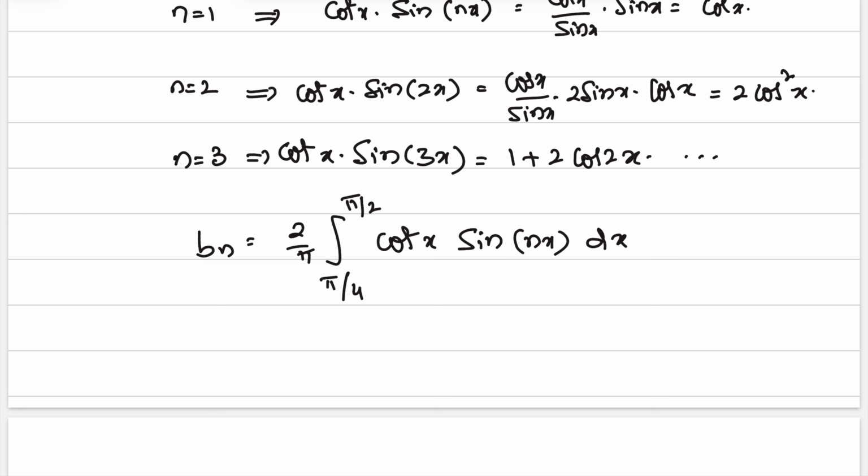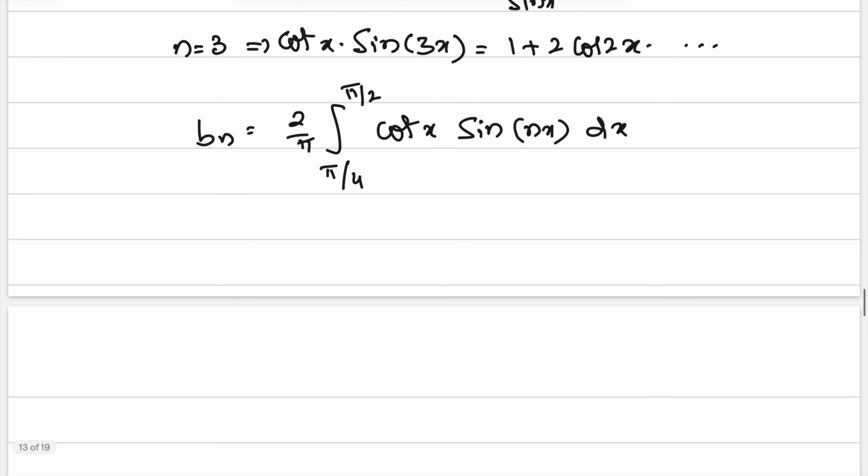But for different values of n, the value of cot x into sin nx is changing, and we have to find out the different values of Bn. It is a lengthy process, but it is better if you go on finding the B1, B2, B3 values.